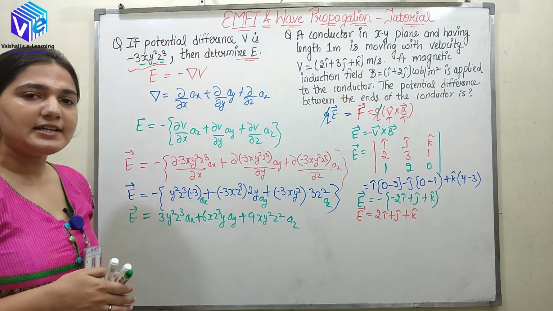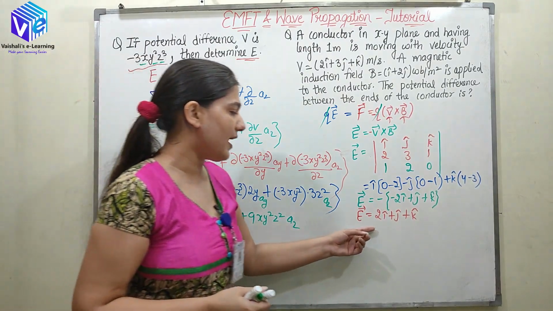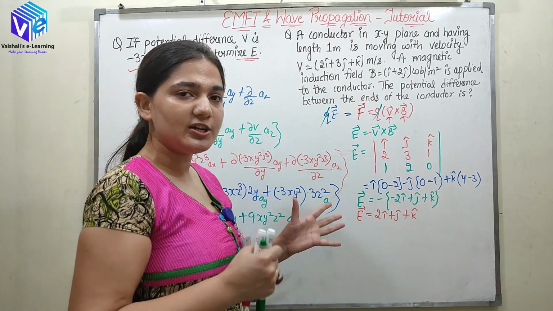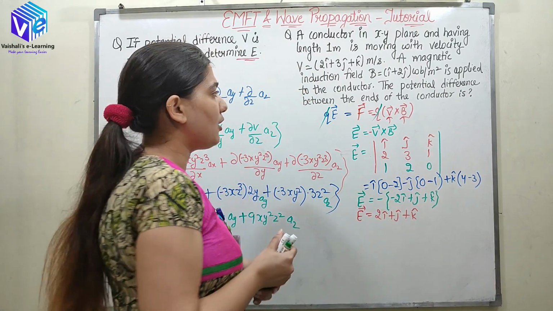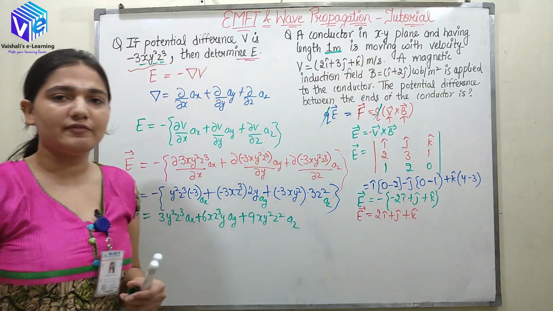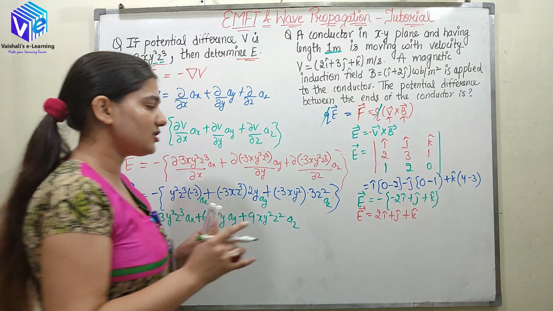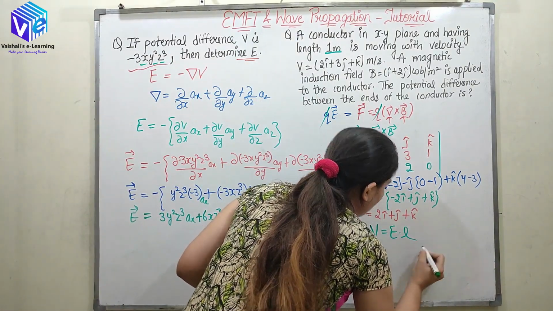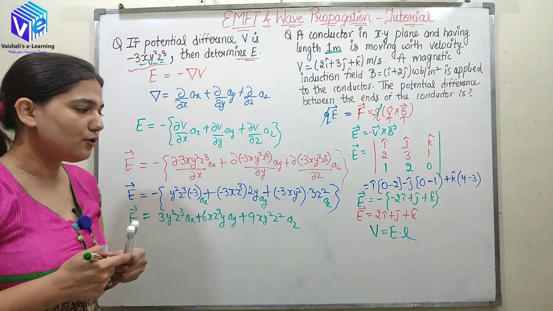Now what do I need to find out? I need to find out V. I need to have the relationship between V and E now. So what else is given? Length is also given, and I know the relationship between V and E. V is equal to E into L. So this relation I know.